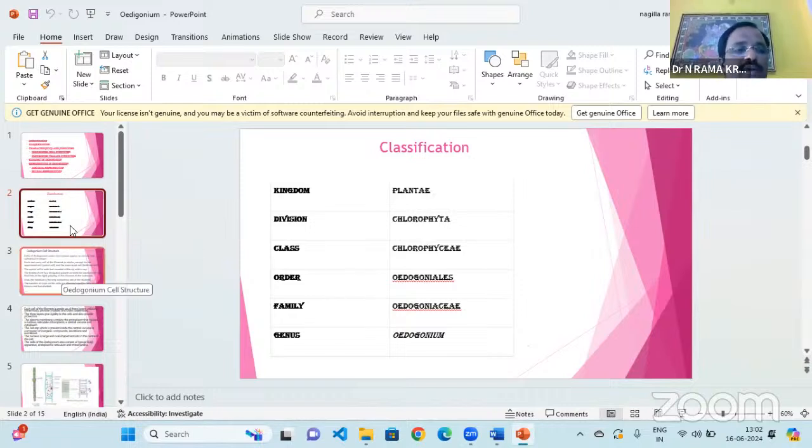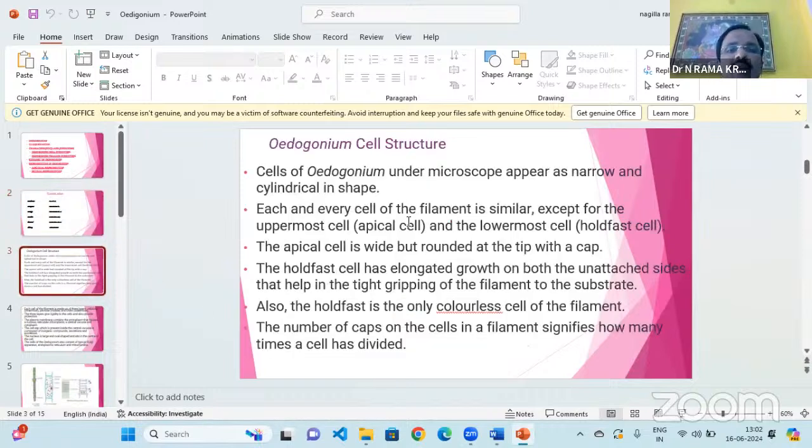What you have completed now, you see, this is the classification of Oedogonium, Chlorophyceae, Oedogoniales. This is common. Next, now you see here, this is the Oedogonium cell structure. Oedogonium under the microscope appears narrow and cylindrical in shape.